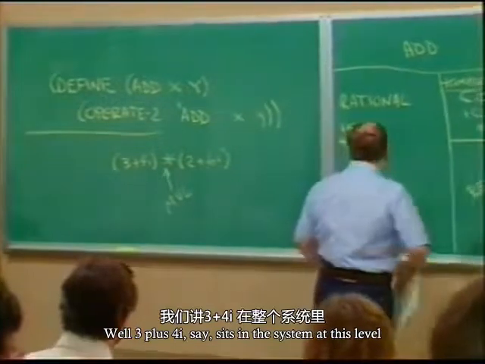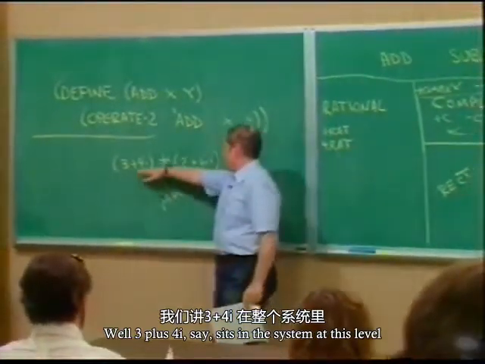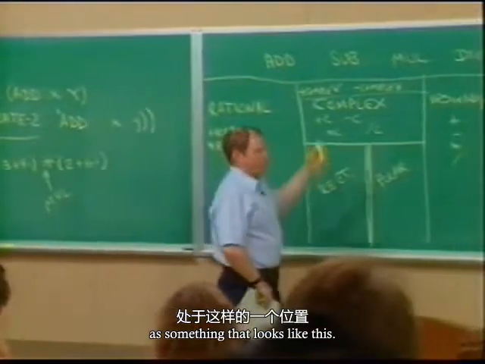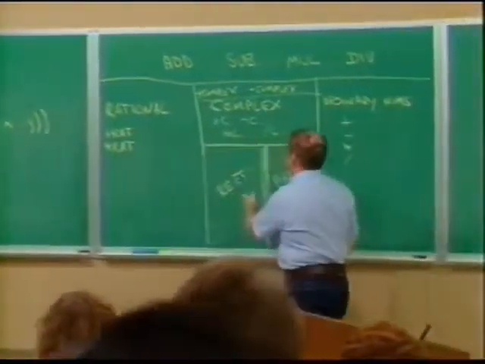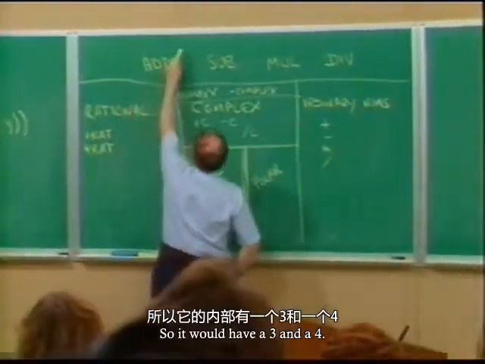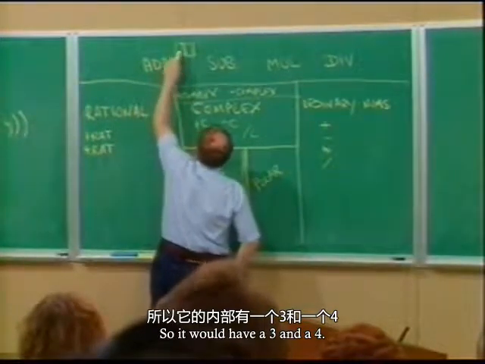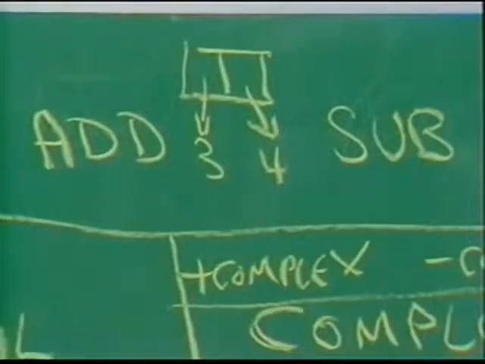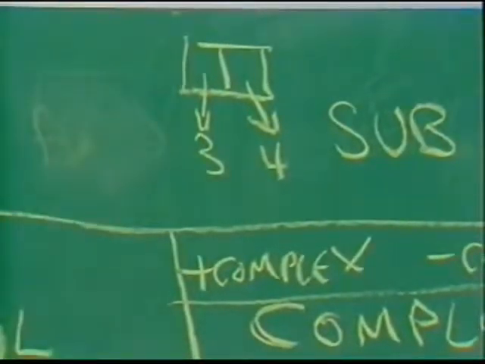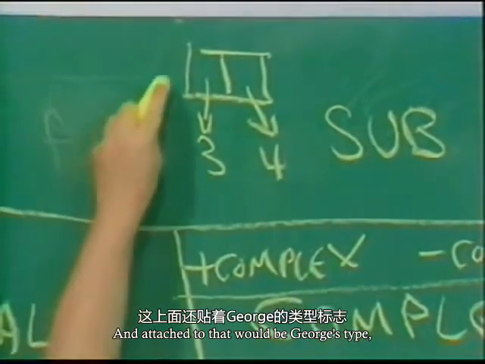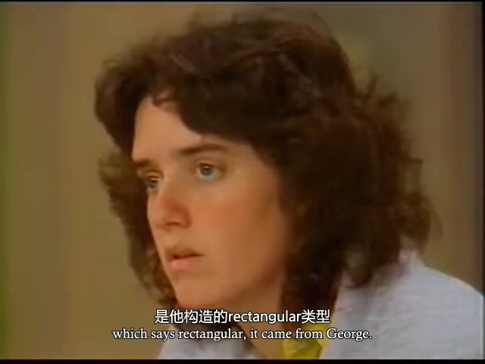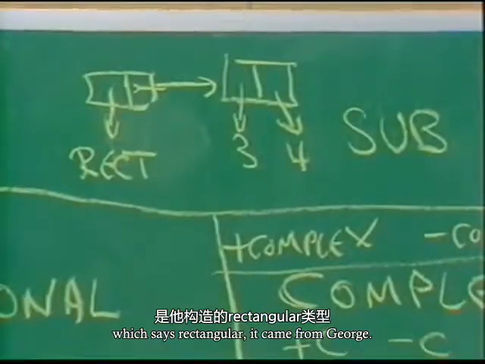Well, 3 plus 4i, say, sits in the system at this level as something that looks like this. Let's say it was one of George's. So it would have a 3 and a 4. And attached to that would be George's type, which would say rectangular, came from George.